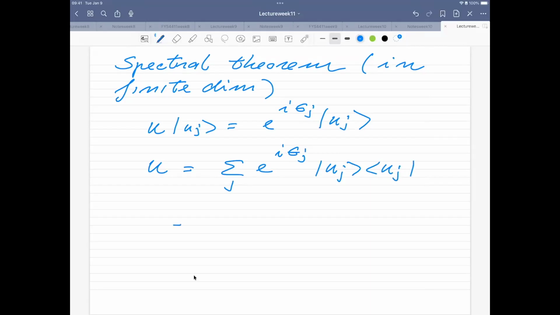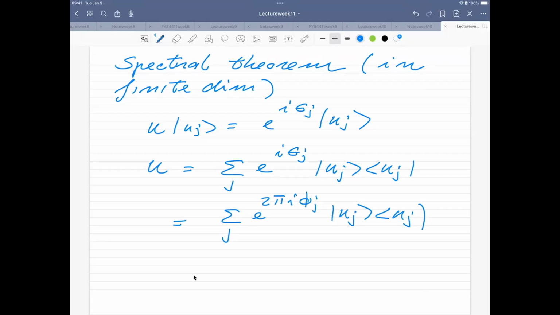So you remember we have the eigenbasis and the eigenvalues, and that allows us to define the spectral decomposition of an operator. So we know that this is given by the sum over j of e to the power of 2 pi i phi_j multiplied with |u_j><u_j|. Okay?